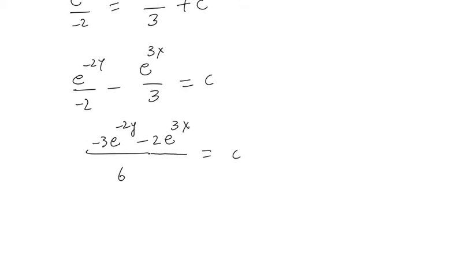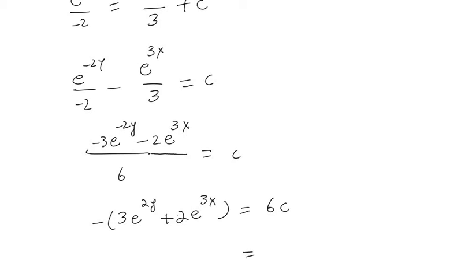So now what you can do, I am taking minus as common from here, e raised to power minus 2y plus 2 e raised to power 3x equals to 6c. You can write this 6c as c1, and you will have a different constant.